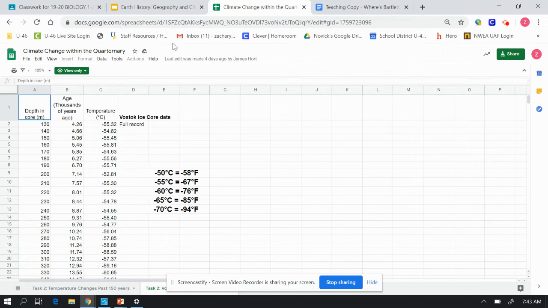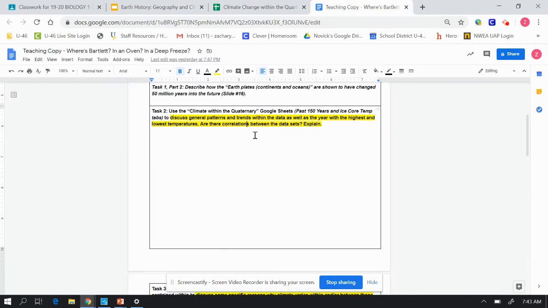So remember, students, your job is to discuss general patterns and trends within that data, and then make sure you're getting the highest and lowest temperatures. And then thinking, are there correlations? So are there any relationships between those data sets? That's what the correlation means here. And see if you can explain that.